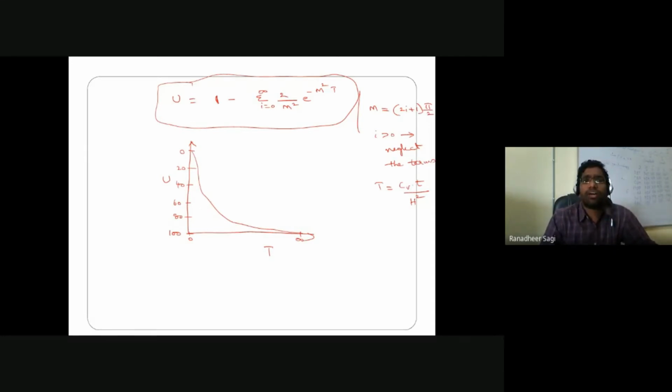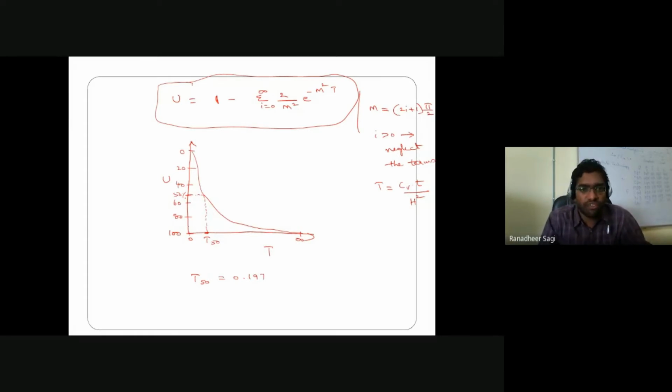And what experimental studies have shown is, for a degree of consolidation of 50%, the corresponding time factor value what we get, for any increment in loading or for any type of soil that is tested, is a standard value, which is nothing but 0.197.